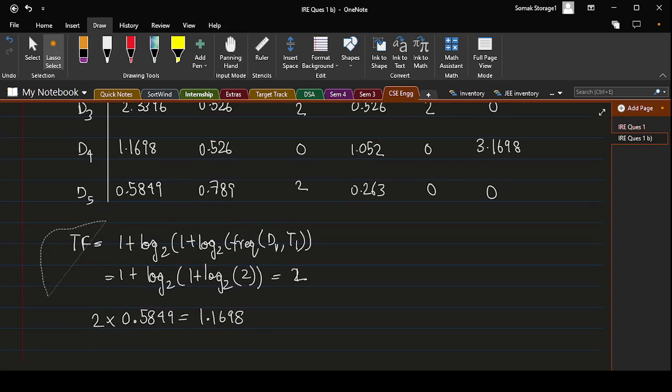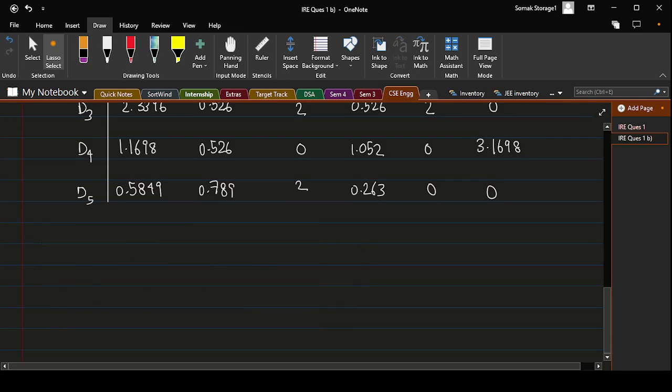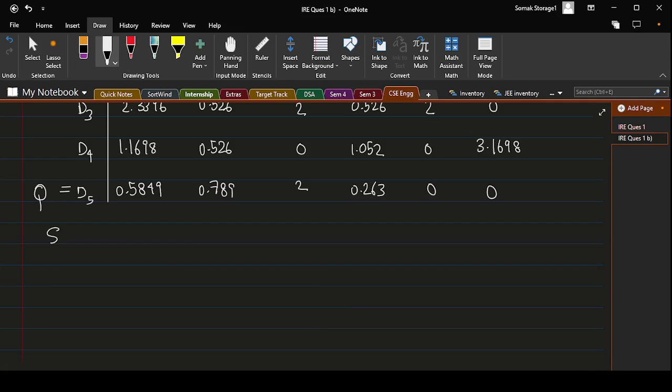Okay, and here D5 is equal to our Q. So we need to calculate a similarity coefficient for calculating the ranks.